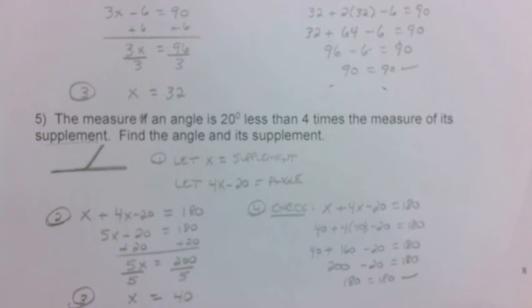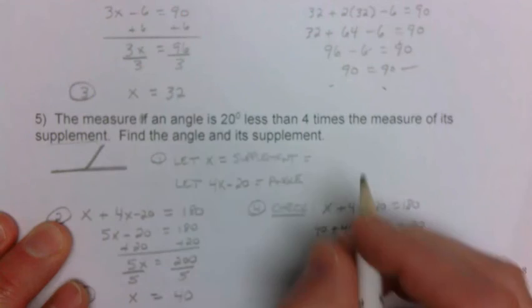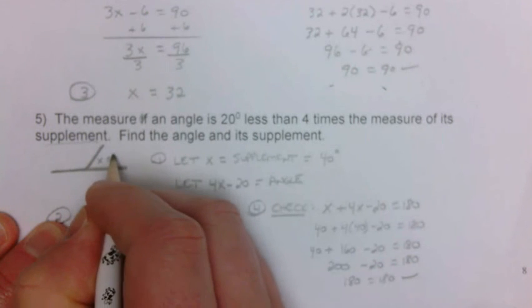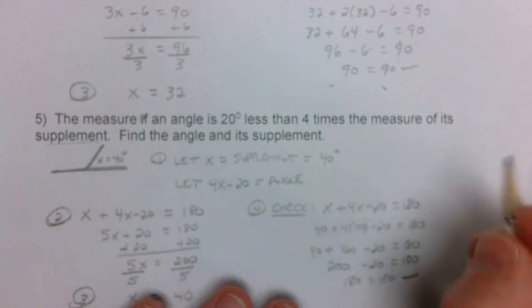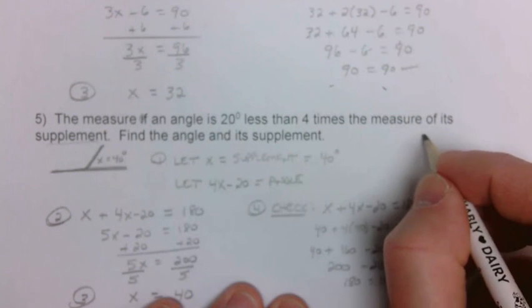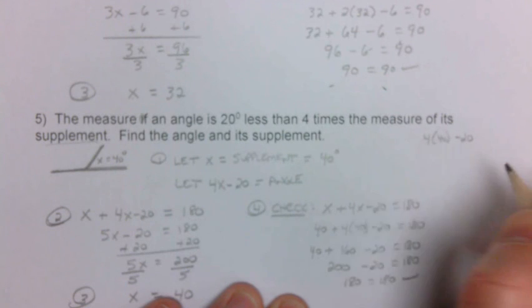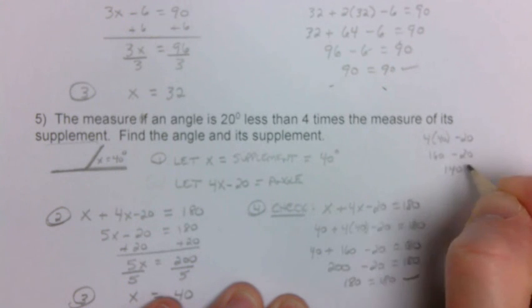Now let's get the measures of the angles. X, the supplement angle, was 40 degrees. So we could say x equals 40 degrees. To get the angle itself, it was 4x minus 20, so we'll do 4 times 40 minus 20. 4 times 40 is 160, and take off 20 to get 140.